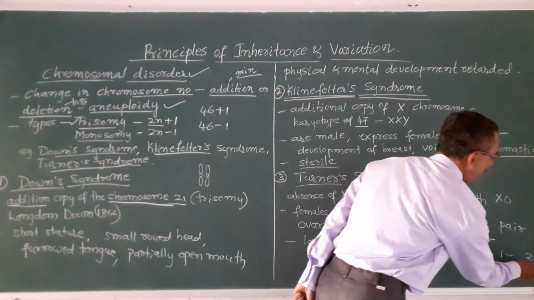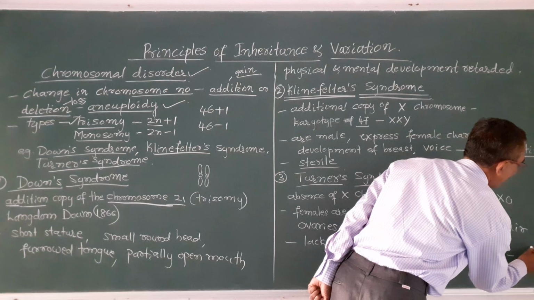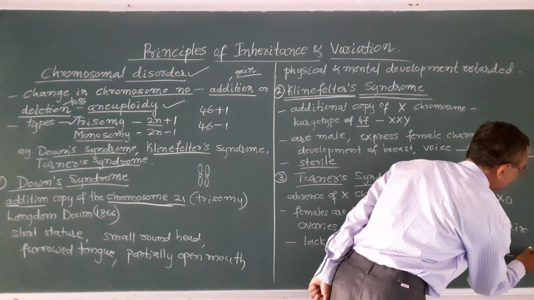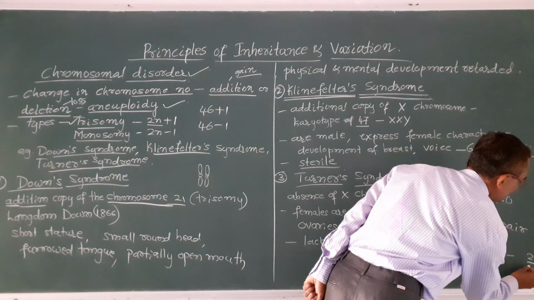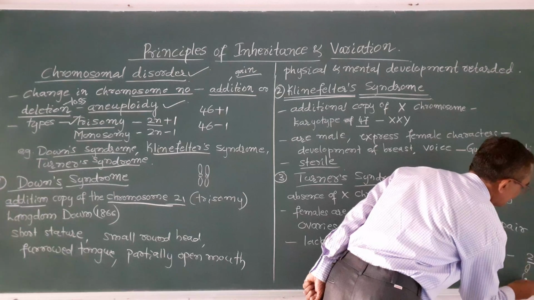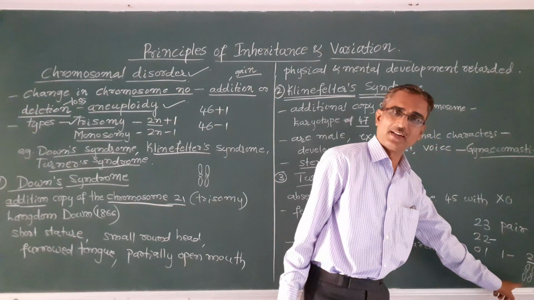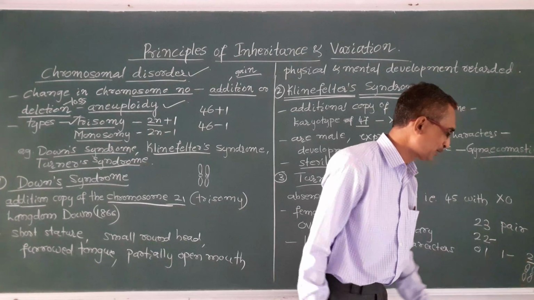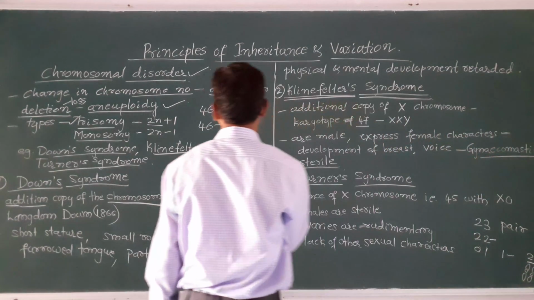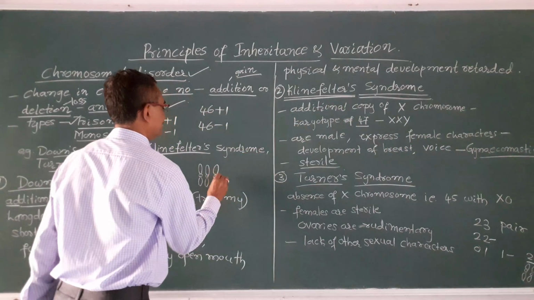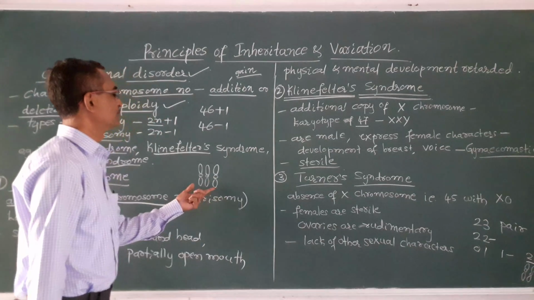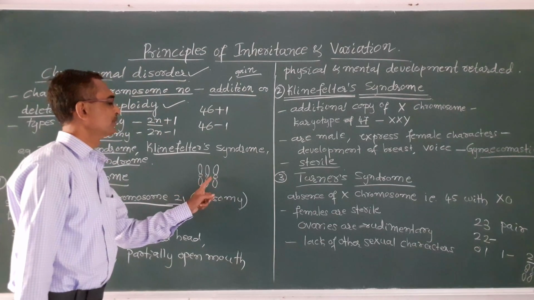Here, on the 21st chromosome, one chromosome is added. Normally there should be one pair, but here an extra 21st chromosome is added.